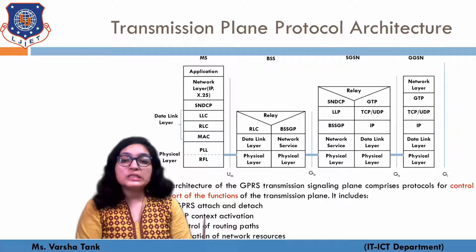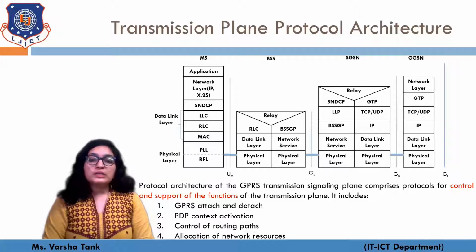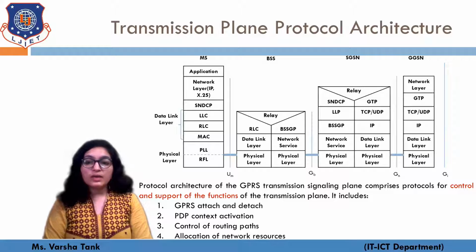Now here you can see the transmission plane, which is defined in the GSM GPRS architecture. Here you can see the mobile station, then the base station, then the serving GPRS support node, then the gateway GPRS support node.